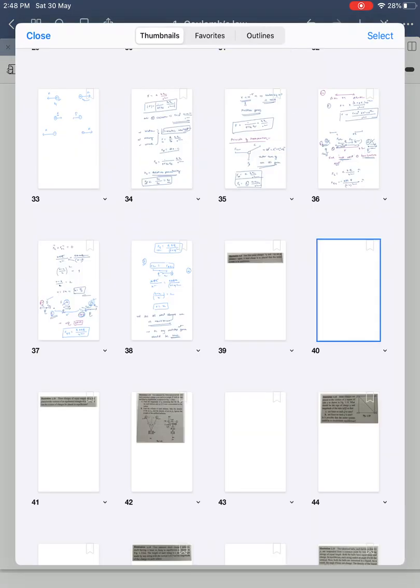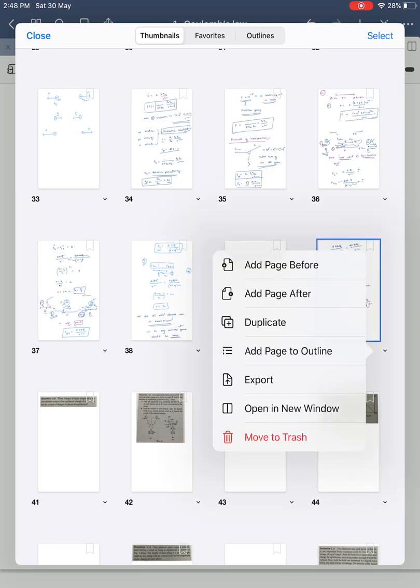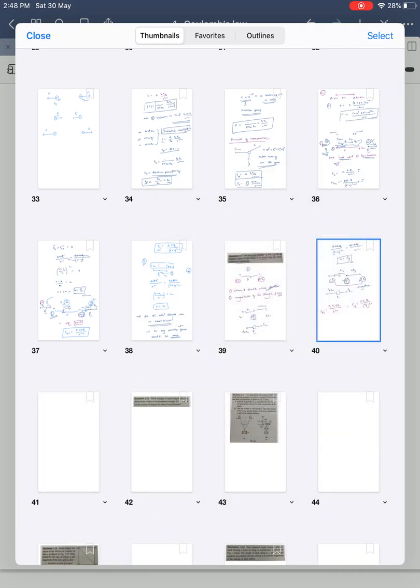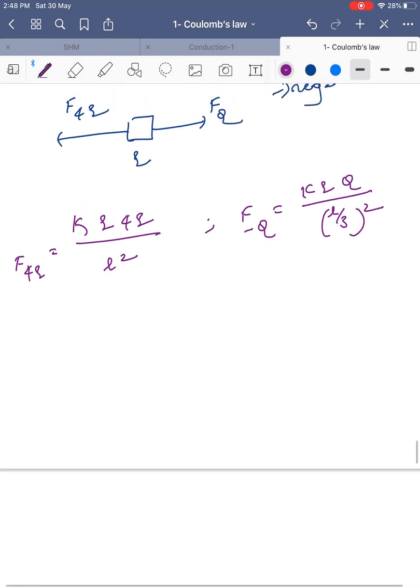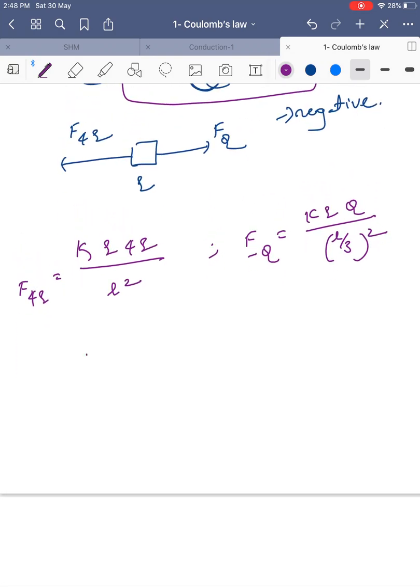Equate these two forces. K 4Q square by L square is equal to K Q capital Q by L square by 9. The L square and K get cancelled.